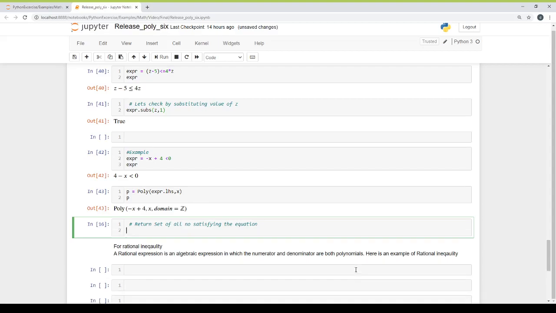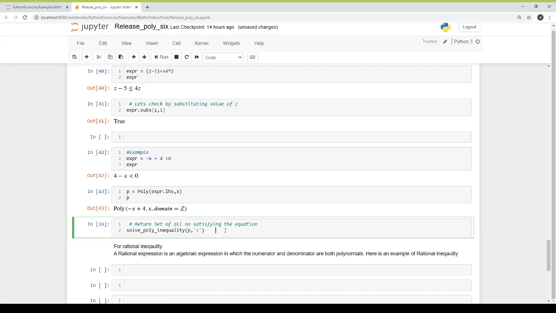Let's check the inequality. Solve_poly_inequality, p comma less than sign. We have the equation minus x plus 4 left hand side, and less than 0.